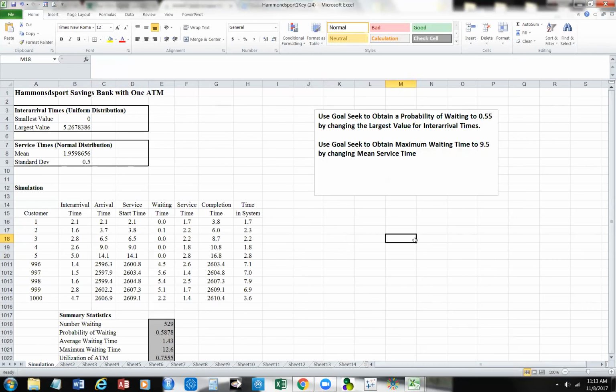Now let me say this. In terms of these values up here, the largest value and then the mean service times or standards, these are going to be based upon industry figures or historic figures within the company.